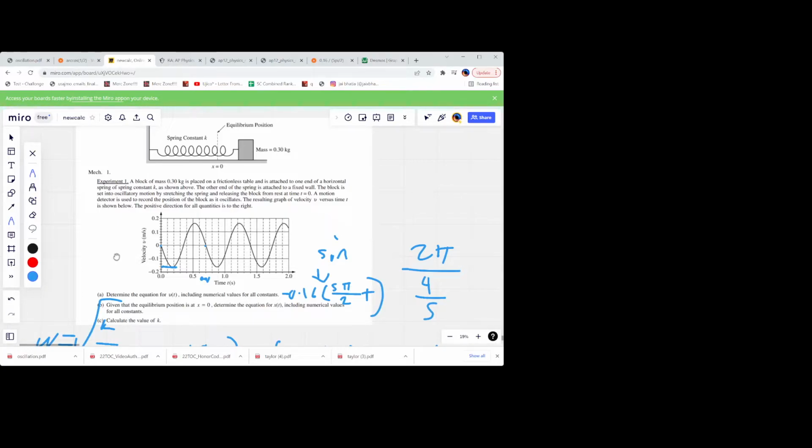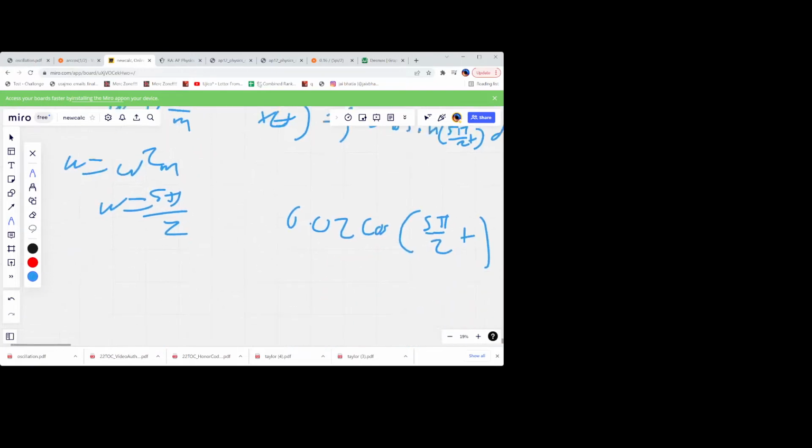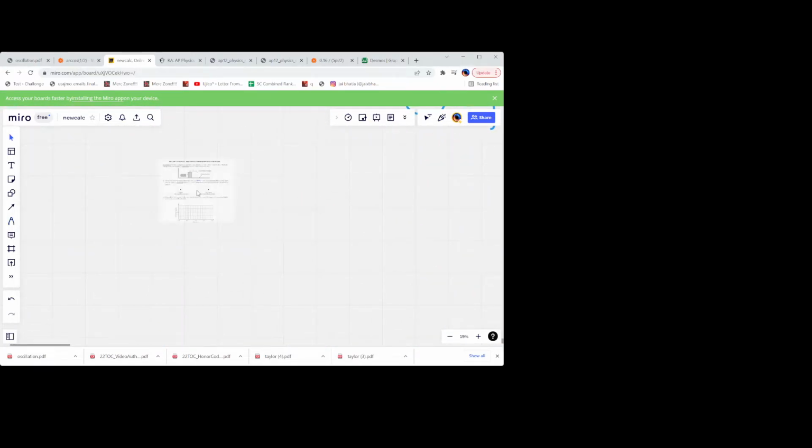If I plug in t equals 0... I don't know, it's weird. I didn't think about that later. I am thoroughly confused about that, though.